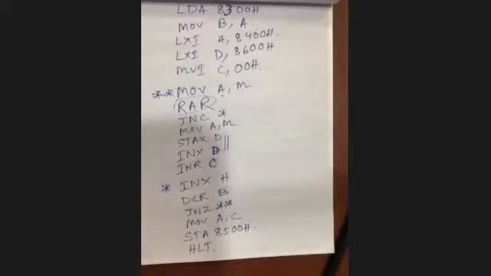For even, only one line will be changed. The odd number program will be converted into the even one. MVI C, 01H. Only one line.